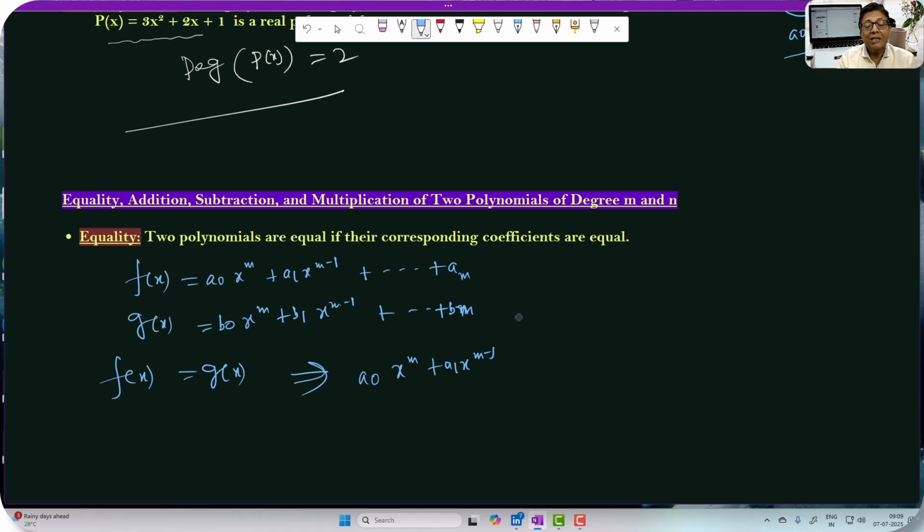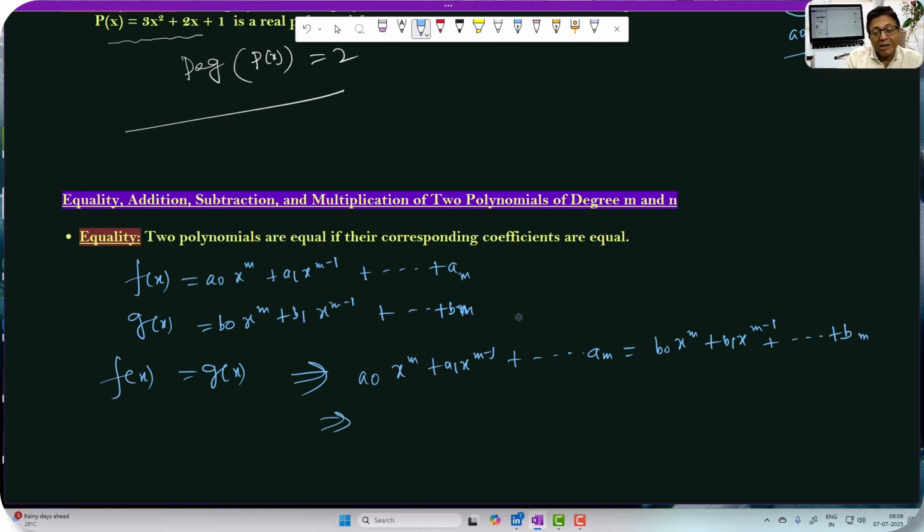So they are equal: a0 x^m + a1 x^(m-1) + ... + am equal to b0 x^m + b1 x^(m-1) + ... + bm.